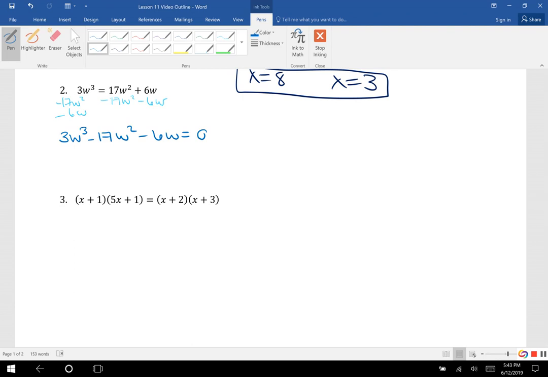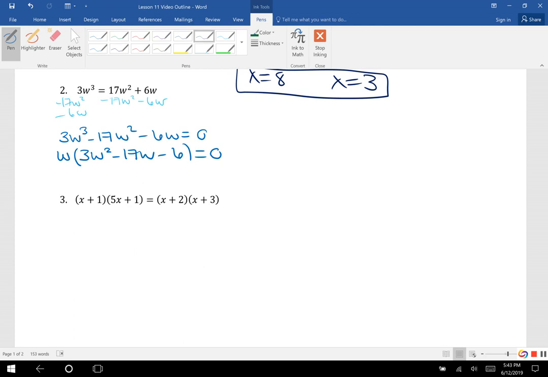And in general, the first thing I should do is look for a GCF. And it looks like we can only take out the w, and then we've got 3w squared minus 17w minus 6 equals 0. Now I have a trinomial, 3 terms, so I could use that trial and error method, or I think this time actually I'll use the AC method.